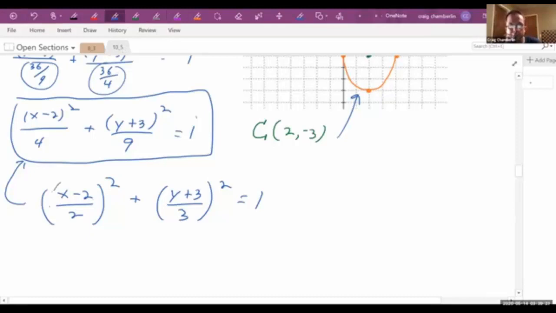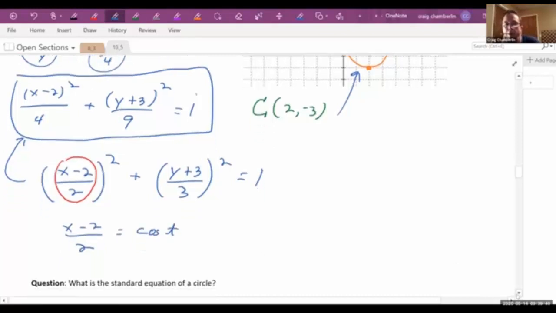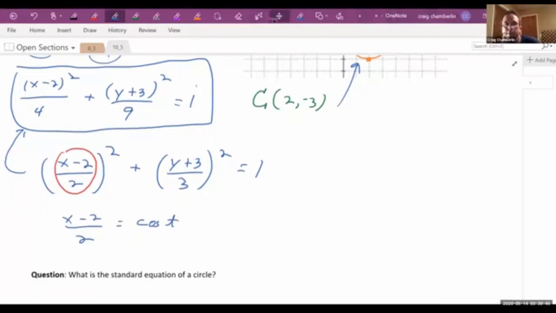You could set this guy, well, you've got a couple of options, but you could set this guy equal to cosine. So you could set (x - 2) over 2 equal to cosine. We'll use a parameter of t. And then if you solve that for x, you would multiply both sides by 2 and then add 2. I think you'd get x equals 2 plus 2 cosine of t.